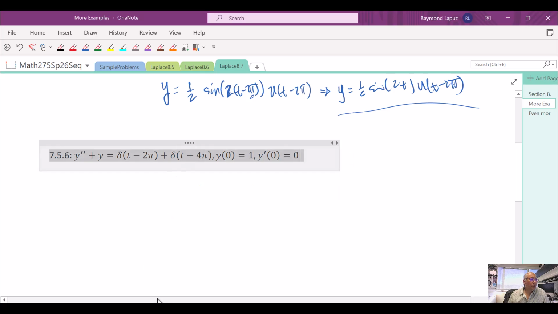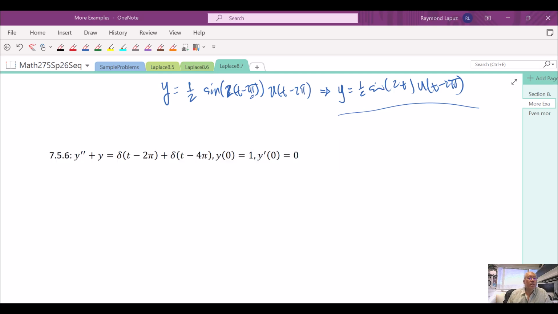This one's a little bit more interesting in that it has two delta functions. So let's see how that's going to look in the Laplace world.